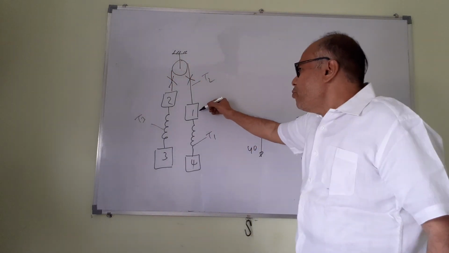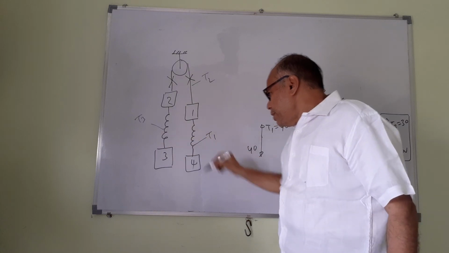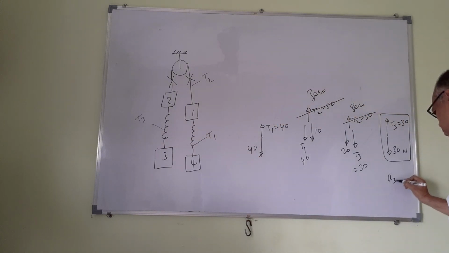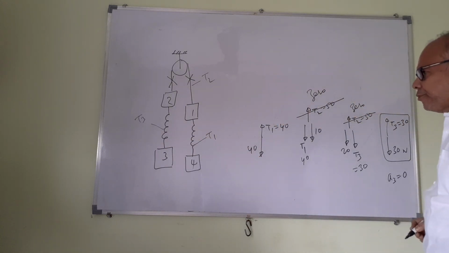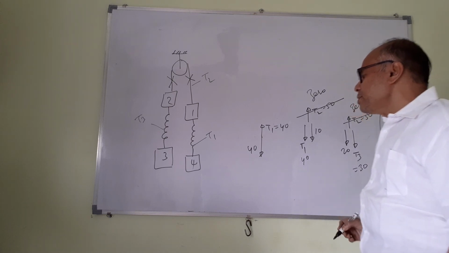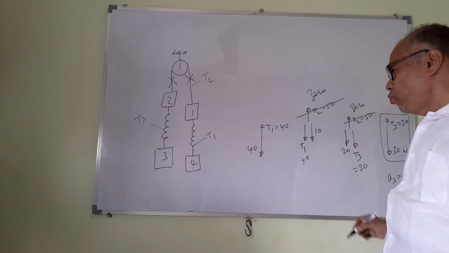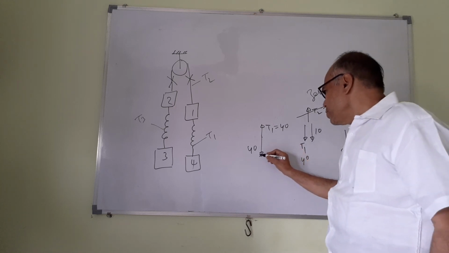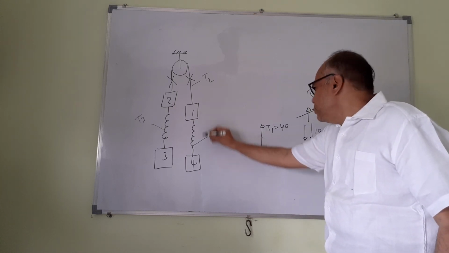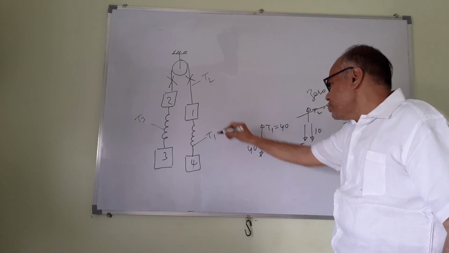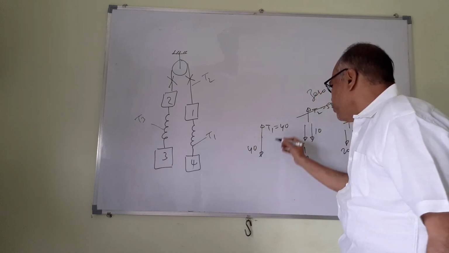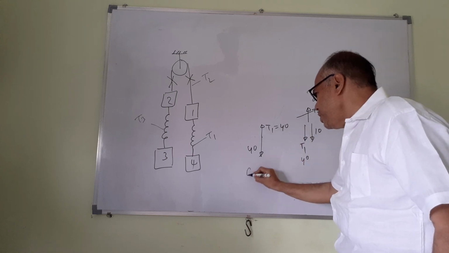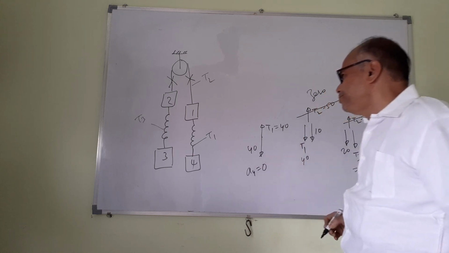This is A1, A2, A3 and A4. So A3 will be 0. Let us come to 4. Here T1 will still be 40 because it is a spring. So this will be 40, 40. A4 will be 0.